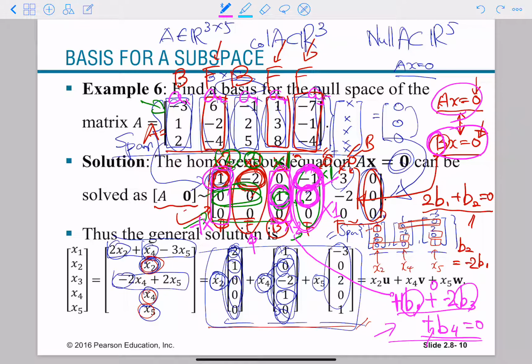So plus 1 times A1 plus negative 2 times A3 plus A4 is equal to 0, right? You can easily check that out. This is this guy times 1 and this guy times negative 2, and then it will make 0. Any questions?